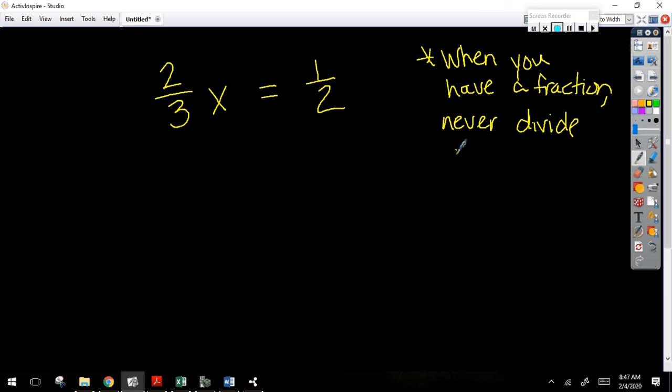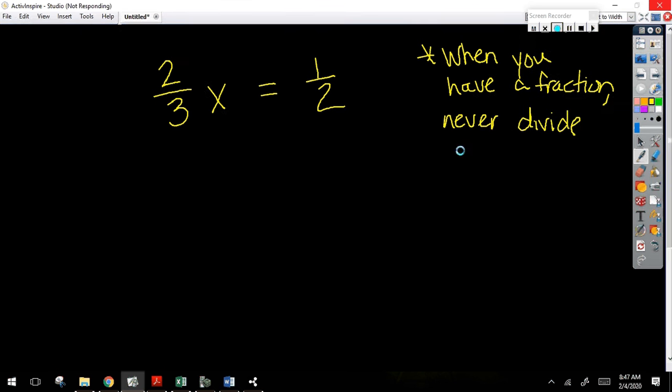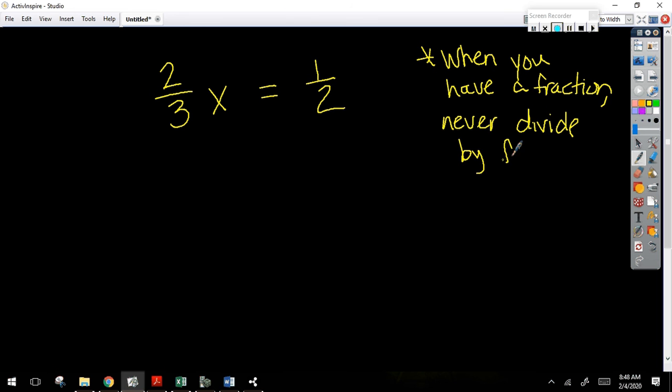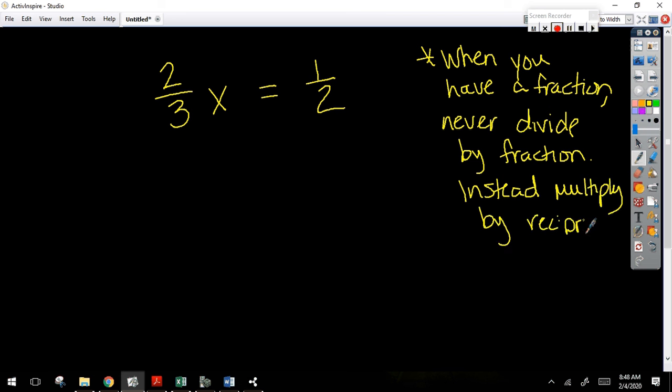Remember we talked about never divide by a fraction. Instead, multiply by the reciprocal. Now remember, we can multiply both sides of our equation by anything we want to.